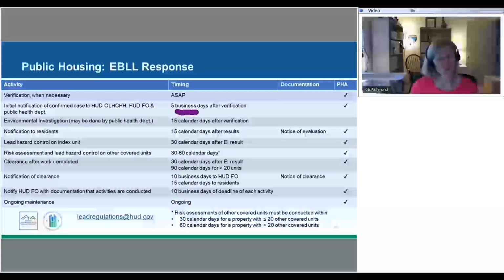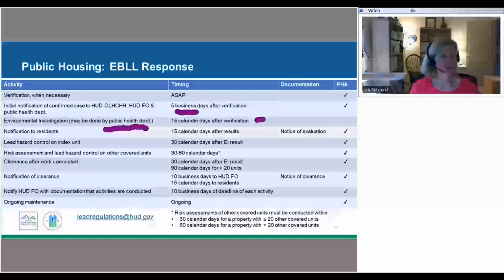Maybe there are toys that have been imported from another country that the child has been putting in their mouth, and maybe there's lead in that. So the environmental investigation is trying to figure out where the lead source is. And that needs to be done within 15 calendar days after verification. That is conducted by a risk assessor. It can also be done by the public health department. So if you have a health department that offers to do an environmental investigation, then that is acceptable as well.